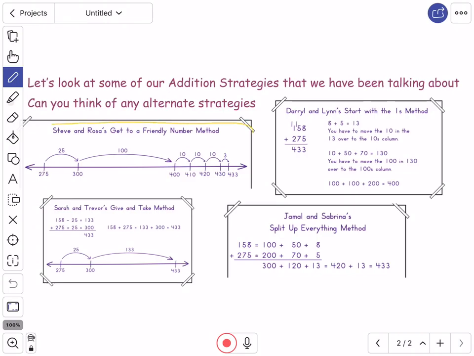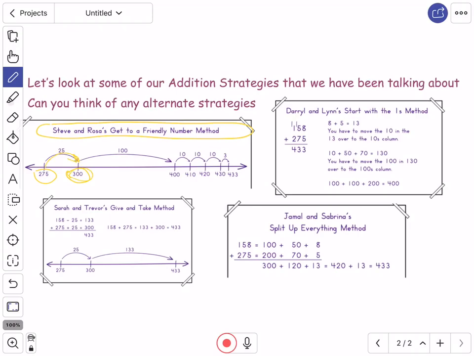So Steve and Rosa's get to a friendly number method, which I know some of you were not as excited about. We were adding 158 plus 275 in all of these problems. If you start with that 275 and you need to add that 158, you can start by getting 275 to a friendly number of 300, okay?